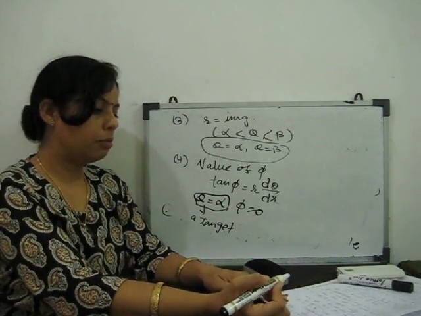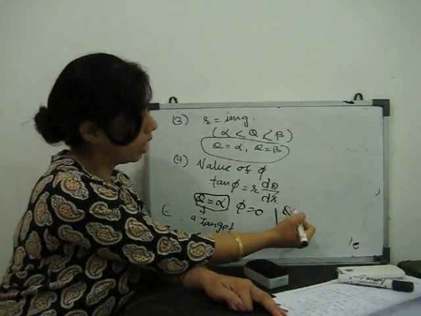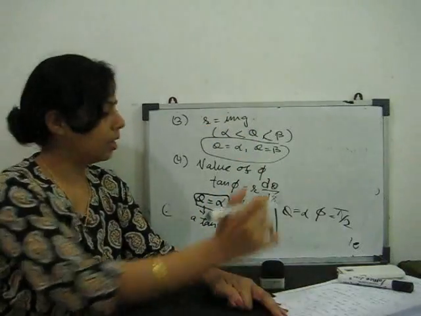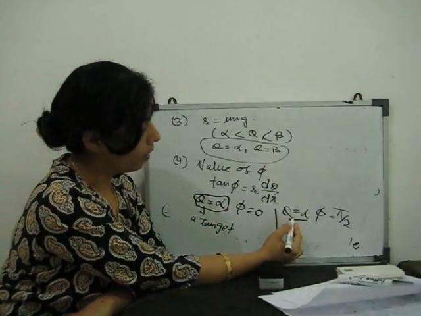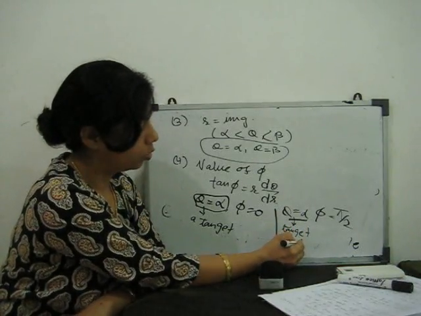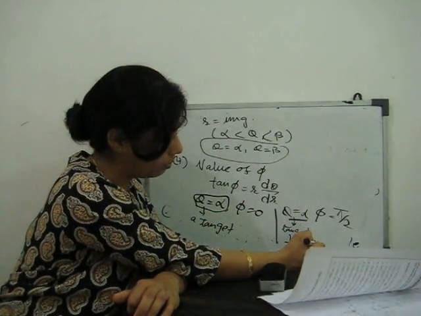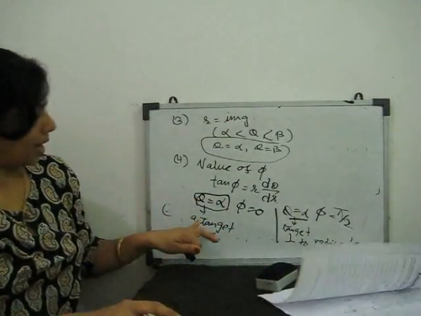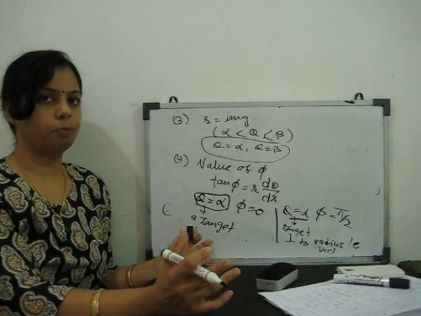Similarly, if theta equal to alpha gives phi equal to pi by 2, it means the tangent at theta equal to alpha is perpendicular to the radius vector r. So if theta equal to alpha gives phi 0, theta is the tangent at theta equal to alpha.